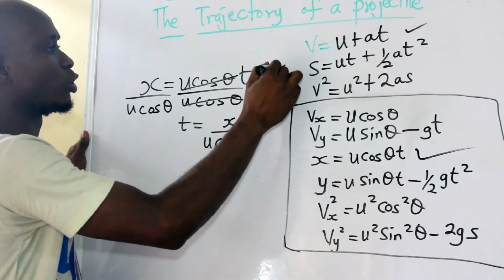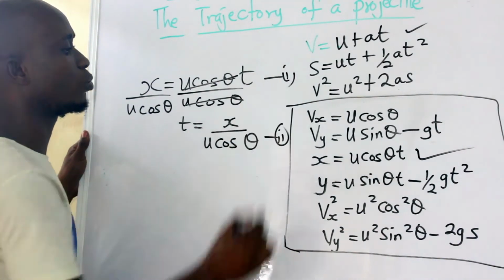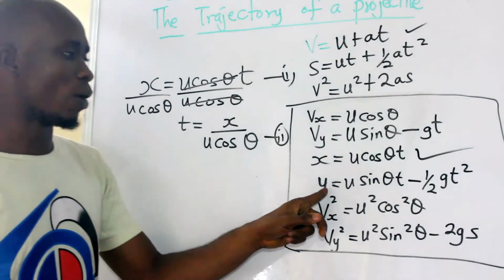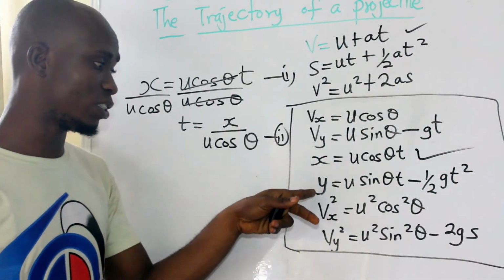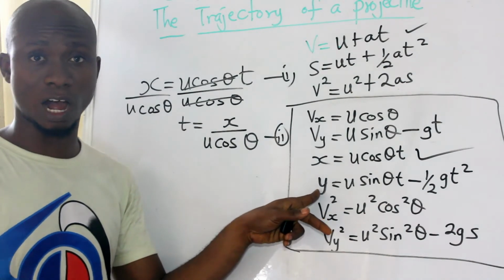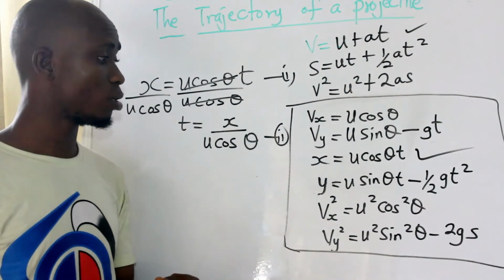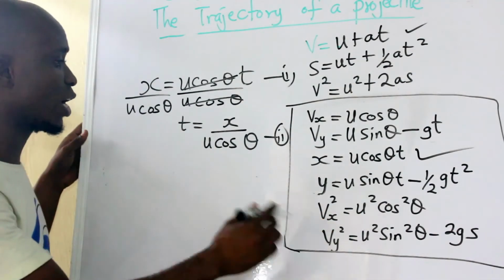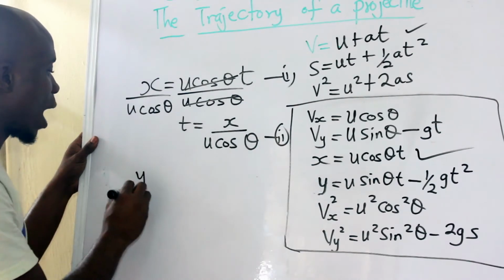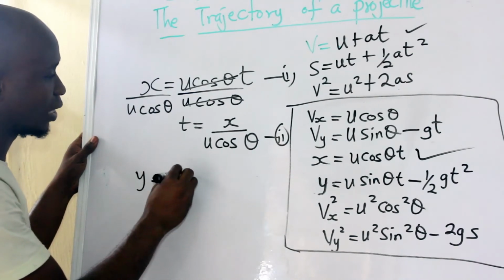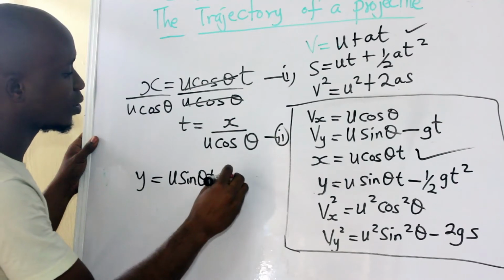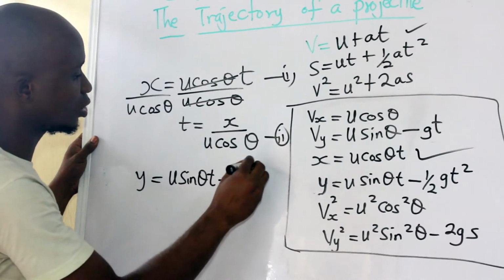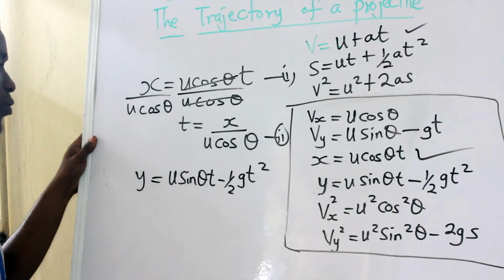Let's call this equation 1 and this equation 2. Now, we move on to the equation needed for getting the vertical distance of a projectile. So we have y equals u sine theta t minus half gt squared.